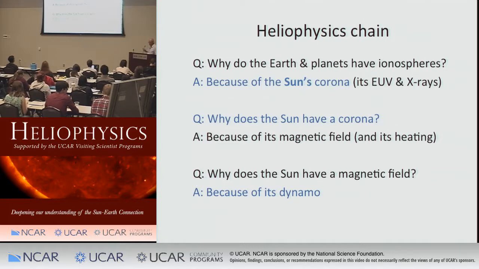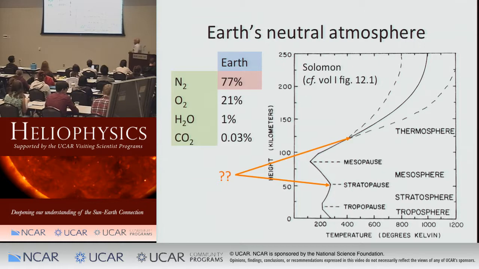And here is a cartoony version of the Earth's atmosphere starting from the ground here, which is 5,000 feet below our feet, right? Going up in kilometers, 250 kilometers. Here's the temperature in Kelvin.